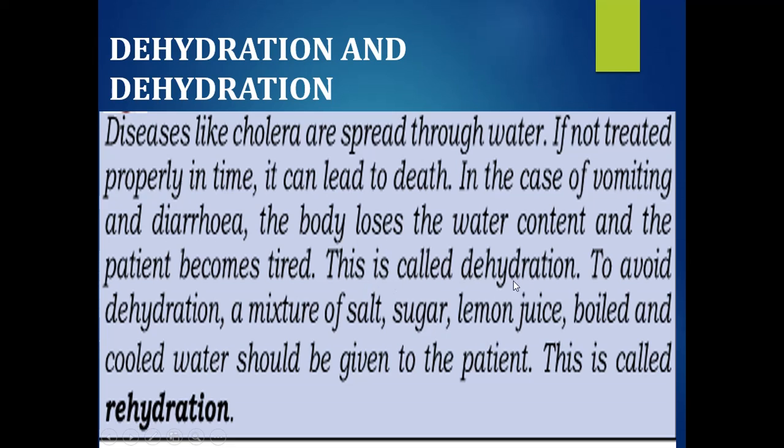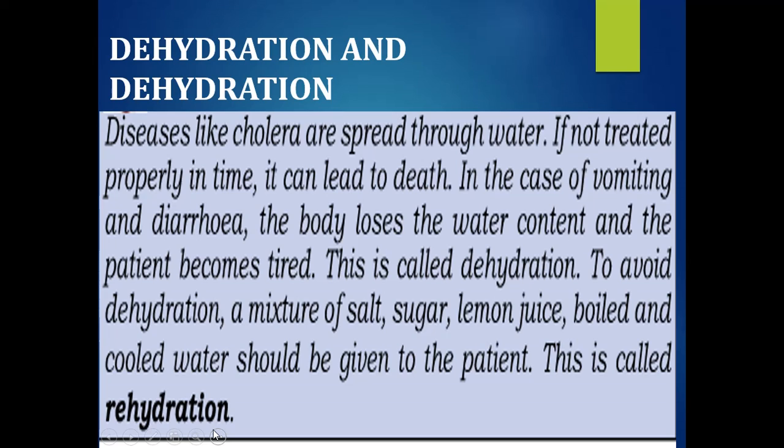This is called dehydration. To prevent dehydration, what can we do? We can give the patient a mixture of salt, sugar, lemon juice, and boiled and cooled water. This is called rehydration.